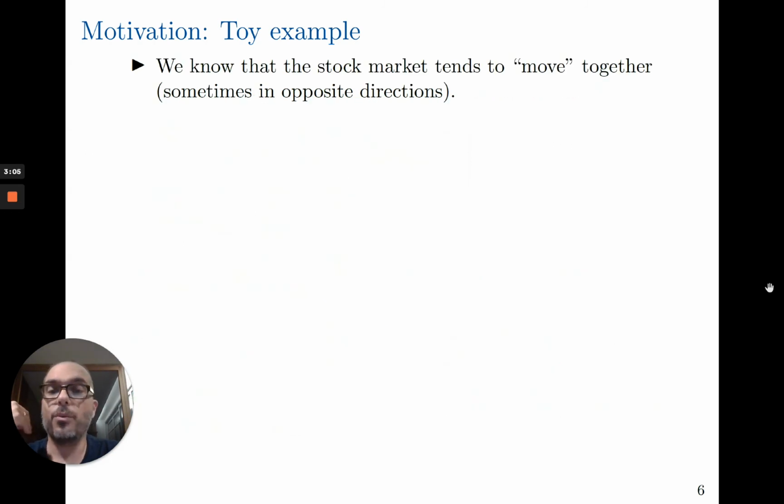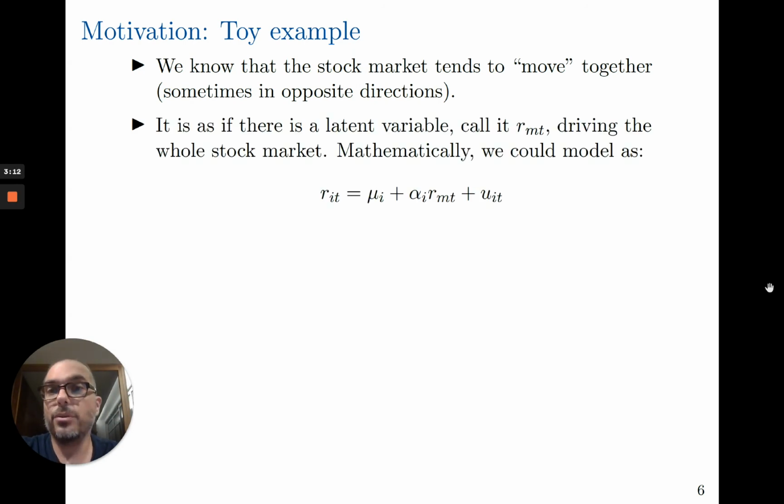So what we know is that the stock market tends to move together, and sometimes in opposite directions. So it is as if there is a latent variable, let's call it R_m, driving the whole stock market. So we may write a model that R_it equals a fixed effect, mu_i, plus alpha_i R_m, this driving force that is making the market move together.